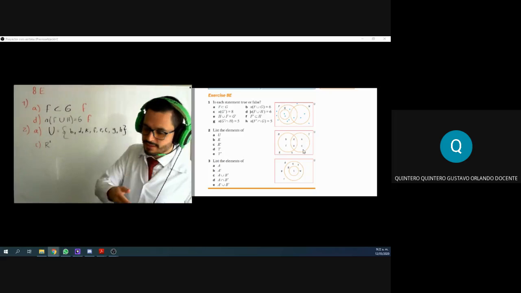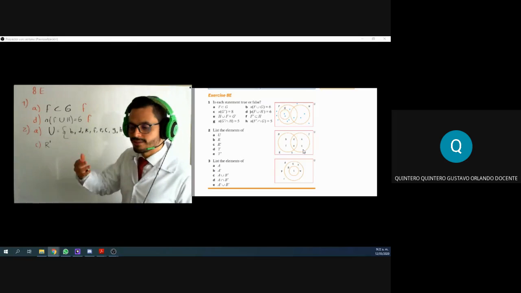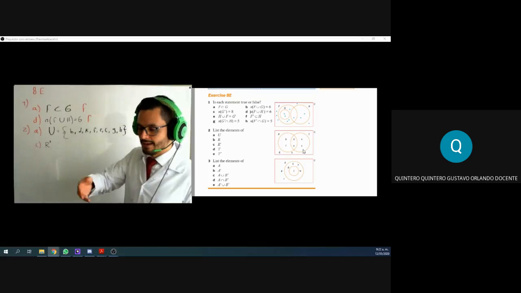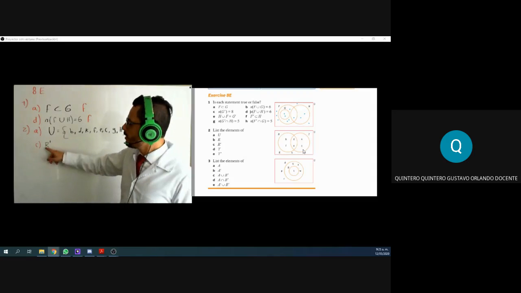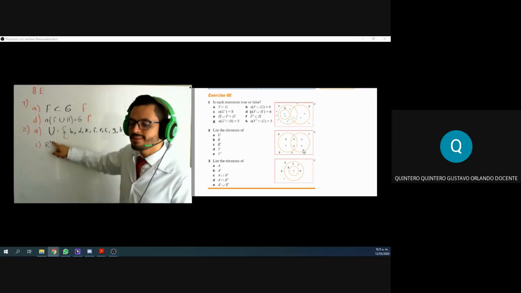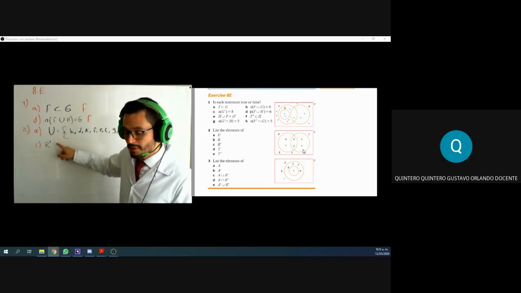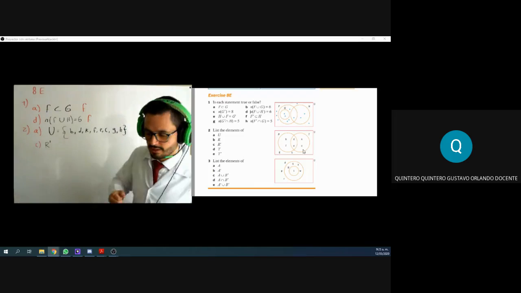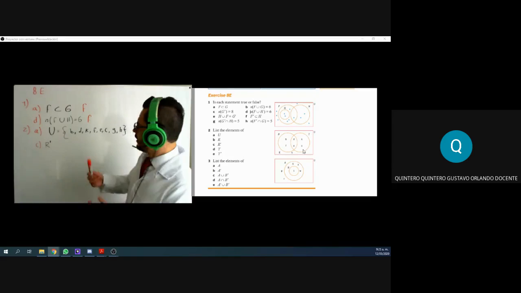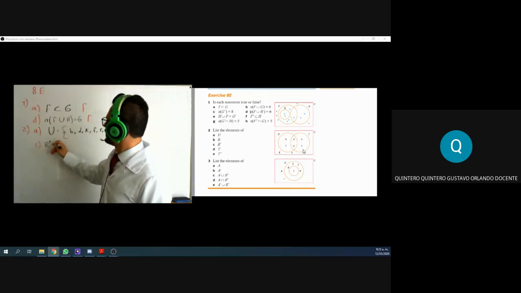But here, when you're talking about sets and Venn diagrams, we use this prime to show the elements that are not in R. So the complement means the ones that are not in R. All right? Okay. So let's try to list these elements.